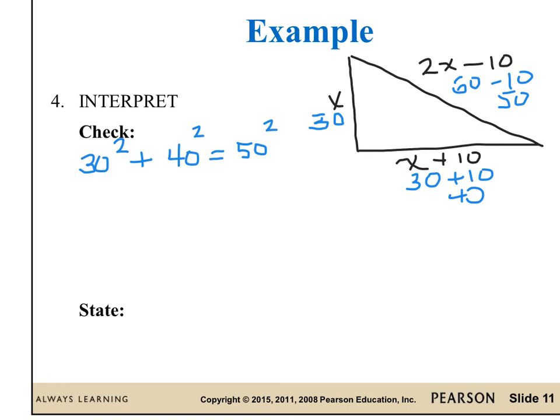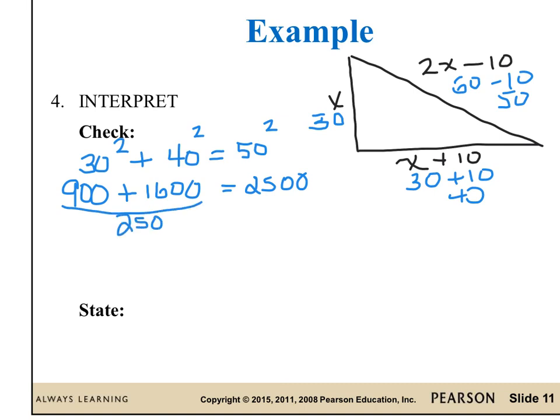Well, 30 squared is 900, and 40 squared is 1600, and 50 squared is 2500, and 900 plus 1600 is in fact 2500.